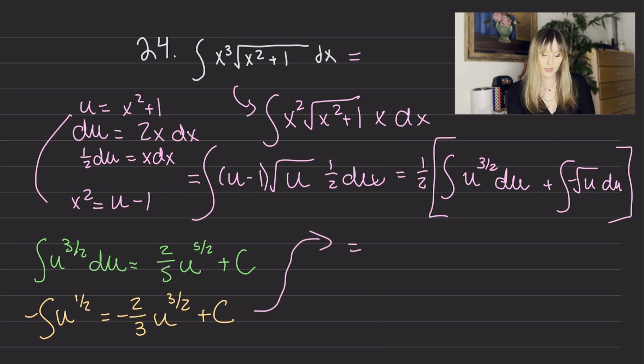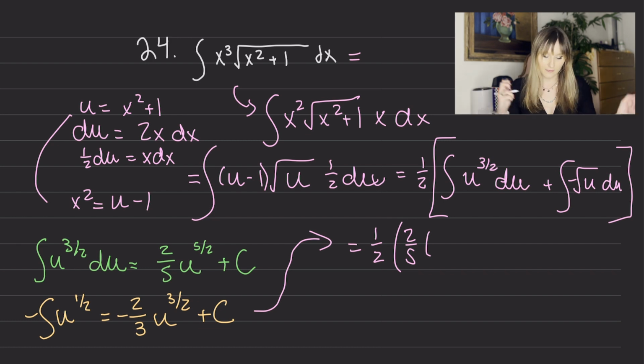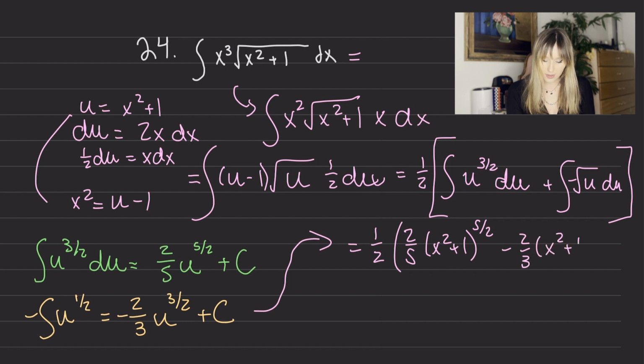So let's do 1/2, and then we have 2/5. I'm going to plug in the u's, and I'm going to forget about the c's, but don't worry, I didn't actually forget about it. I'm just not going to put it in right now, okay? So u is x squared plus 1. That's to the 5/2. And then we have a minus 2/3 times x squared plus 1 to the 3/2.